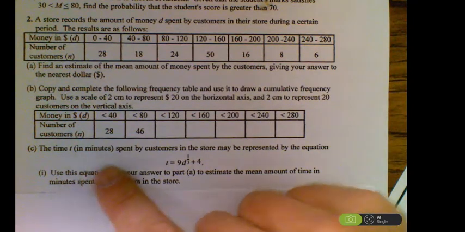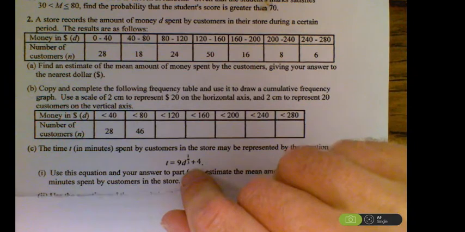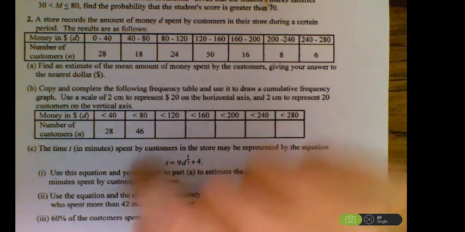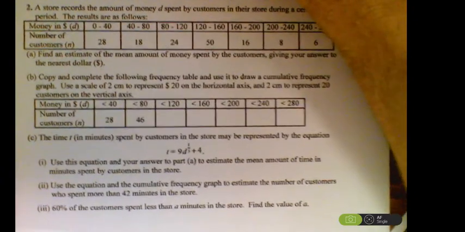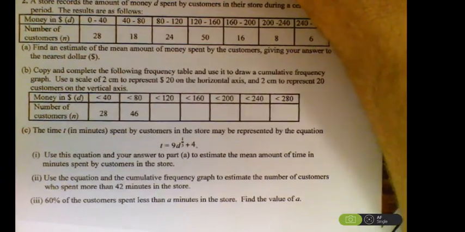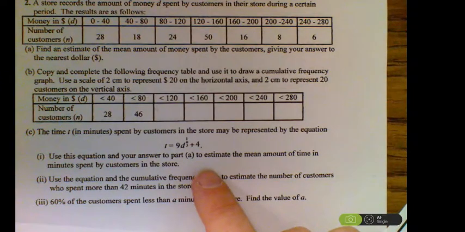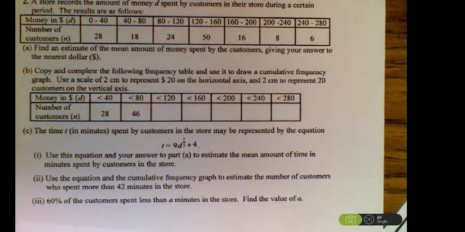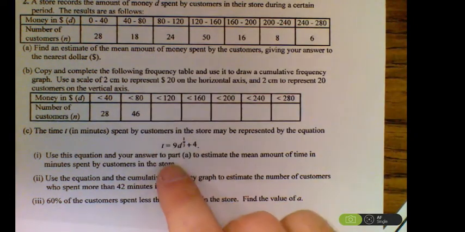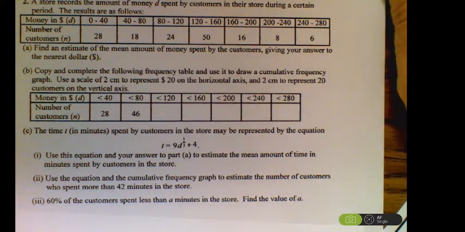Now the time in minutes spent by customers could be represented by this function here. Use this equation. Notice it says use the equation, not your graph. We can get things from the graph for sure, but this one specifically says use the equation, and our answer from part A, which was the mean that we got out of our calculator, to estimate the mean amount of time in minutes spent by customers in the store.